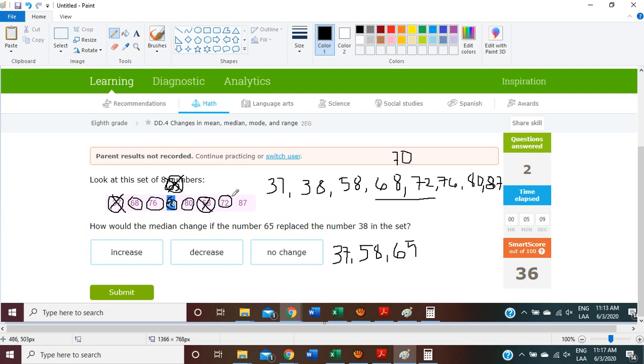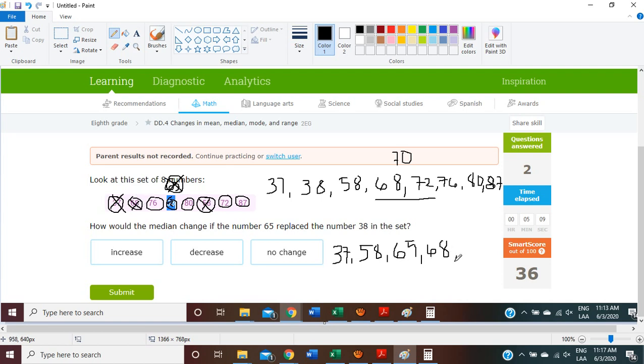Okay, let me just circle this. And then 68. Okay, 65 and then 68. So I have my 4th number.